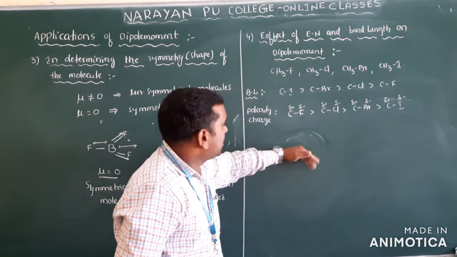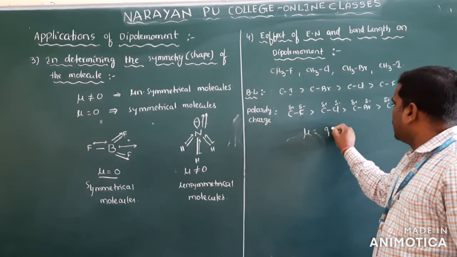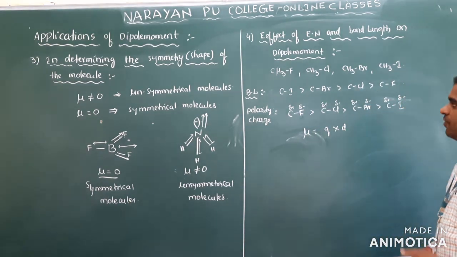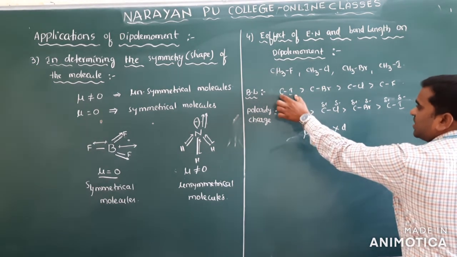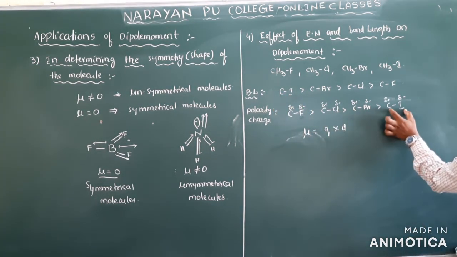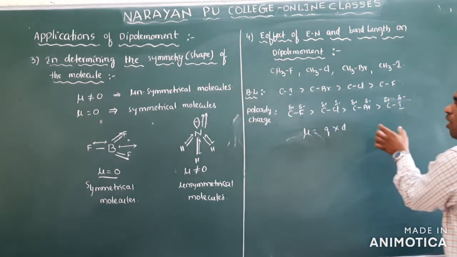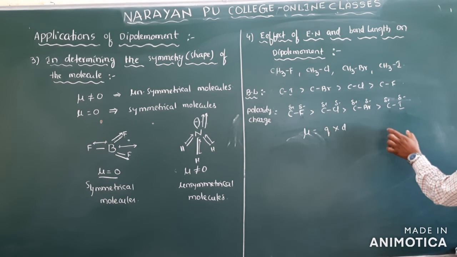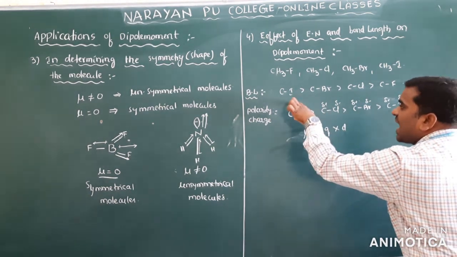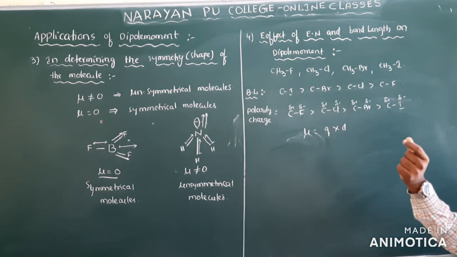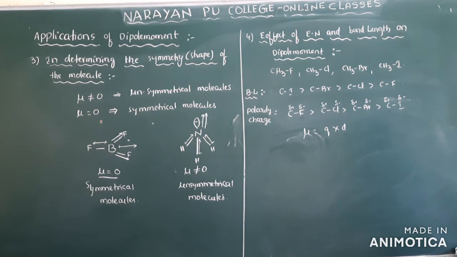Clear? Now we know what the dipole moment is. Dipole moment is charge into distance. C-I has the highest d value, but C-I has the least charge, so the multiplication for C-I will also come very low. For C-Br, the charge is high, but the bond length is short, so the multiplication of these two will also give a very low value. Got my point?